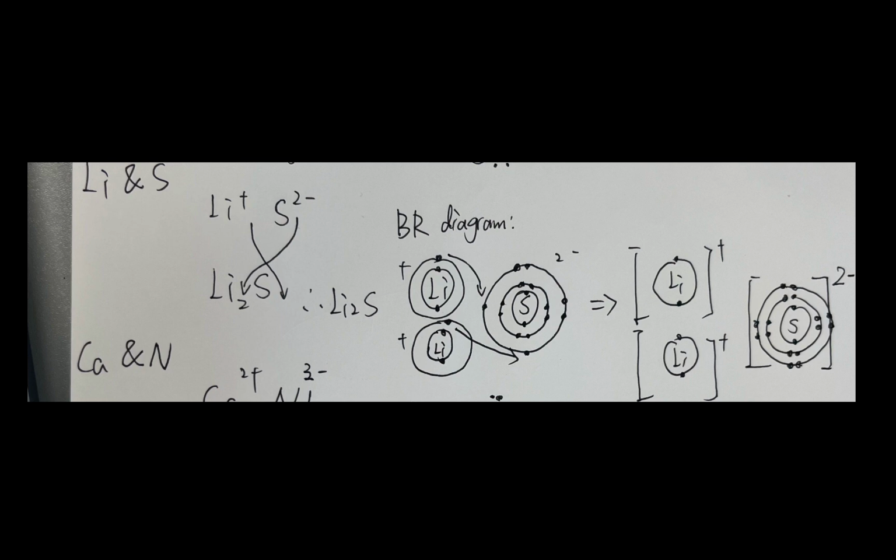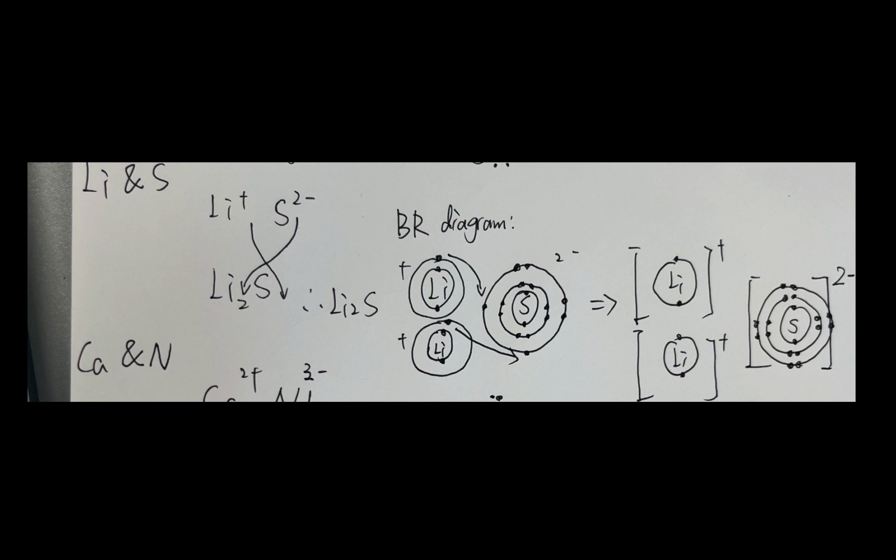The final step is to draw an ionic Bohr-Rutherford diagram, where lithium has lost its one outer shell electron, so it only has its inner shell, and the valency is positive 1. Sulfur gains 2 electrons in total, 1 from each lithium. So the total valency is -2, and it has an 8 electron outer shell, which is full.